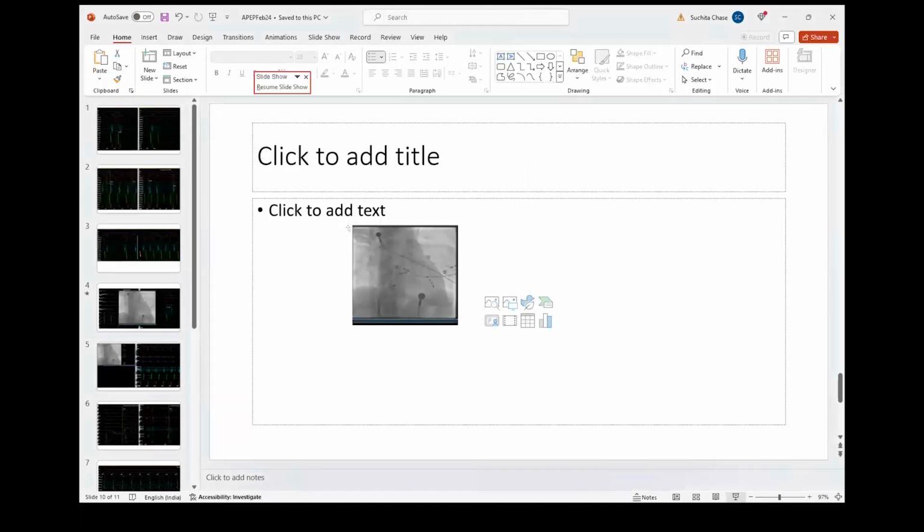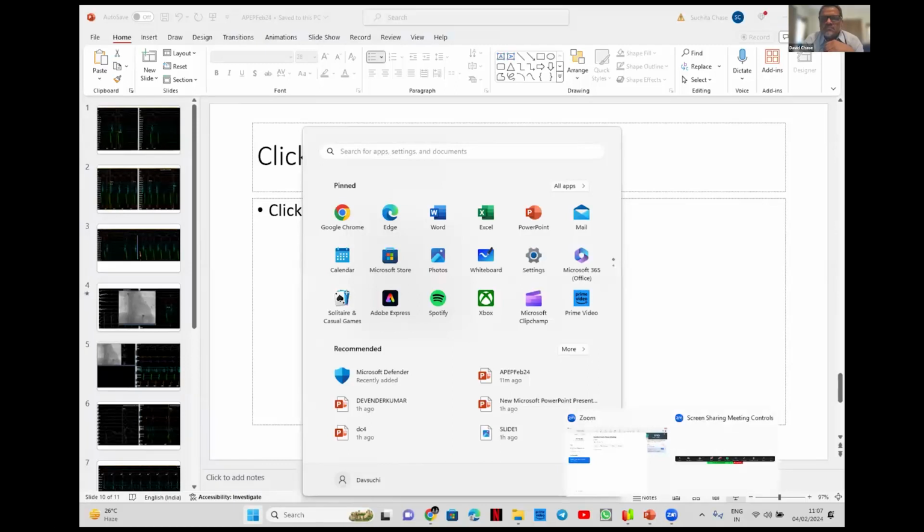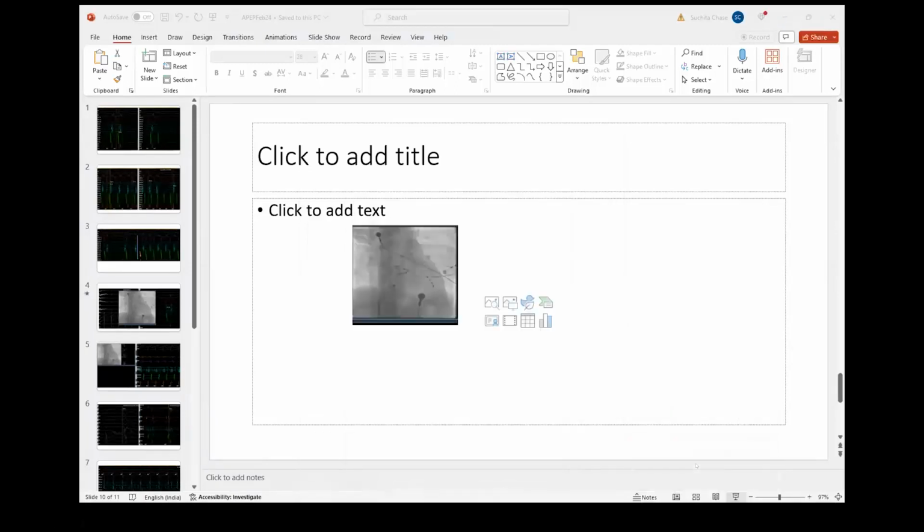Yeah, now it's better. Just go to the slideshow, sir, at the bottom.